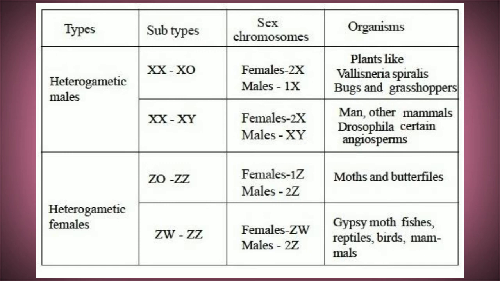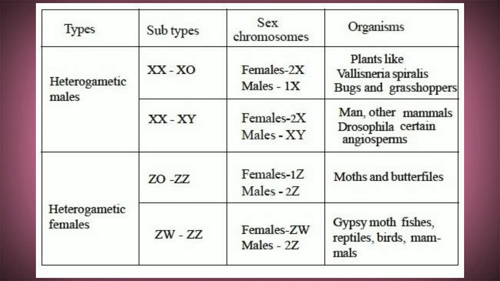And in man, Drosophila and certain angiosperms, the male sex chromosomes are dissimilar according to their morphology, so that is also regarded as heterogametic males. And when the males are heterogametic, the females are homogametic.